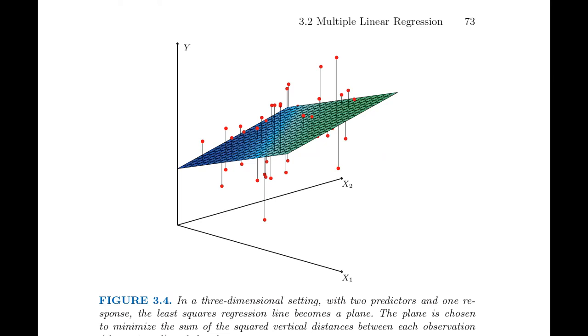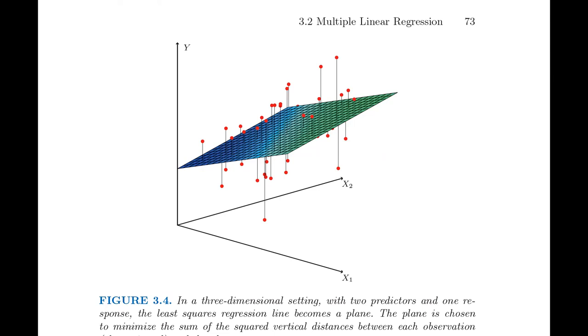I'll be honest, if you told me describe if a line is for one predictor variable and a plane is for two predictor variables, what would it look like for three predictor variables, four predictor variables?